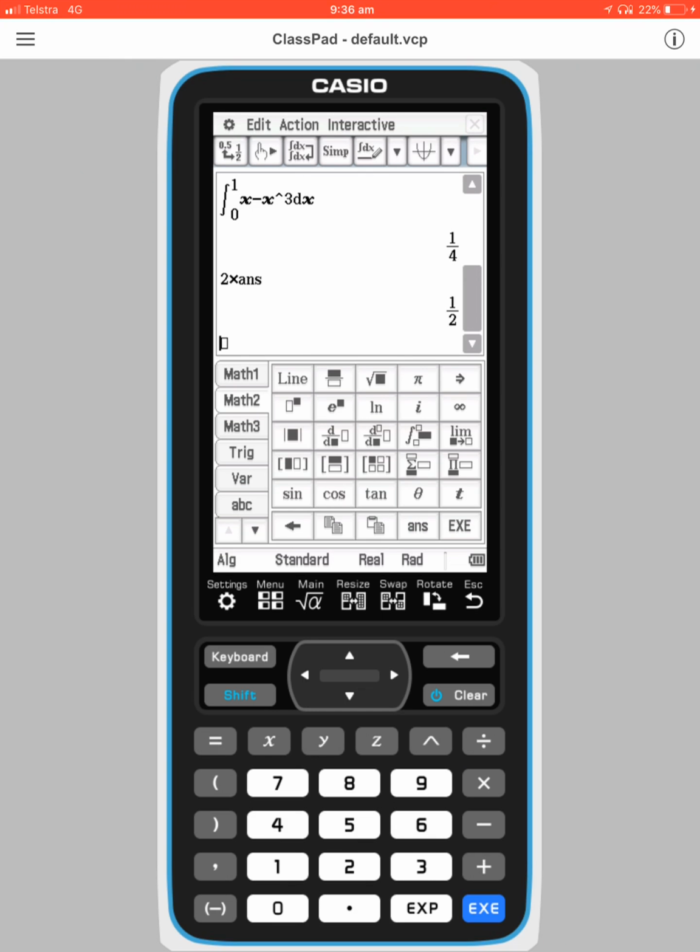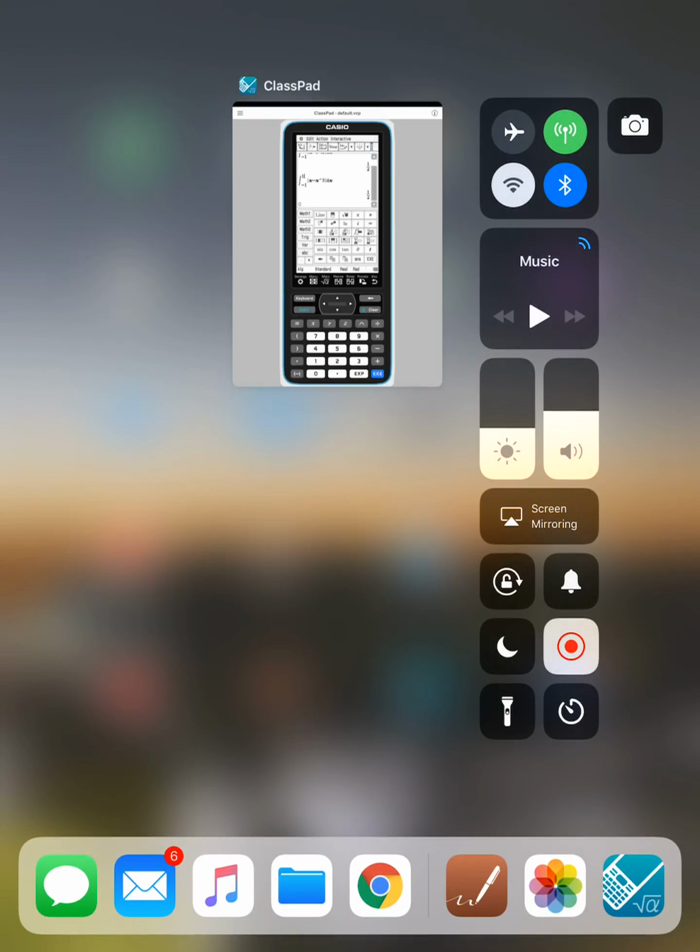The other thing you can do if you want to find the area between two curves, you can always do the lower bound, the upper bound, and then the modulus of x cubed minus x dx. It doesn't matter, we can do x minus x cubed or x cubed minus x, it'll still give you the right answer. So as long as you've got your endpoints and you find the modulus of one function minus the other, it'll always give you the positive area between the two.